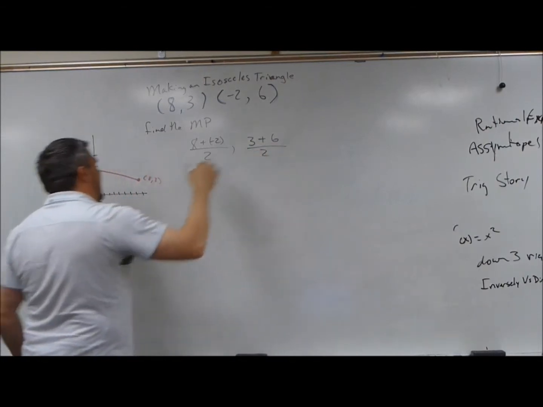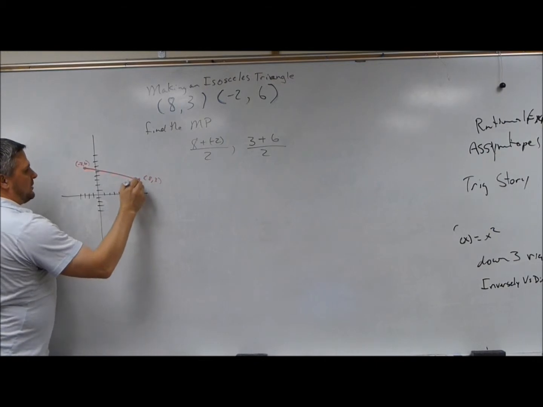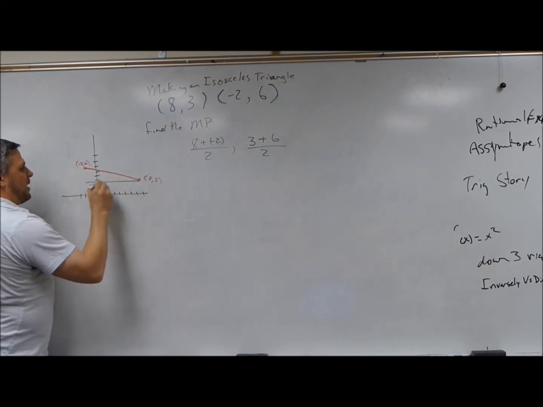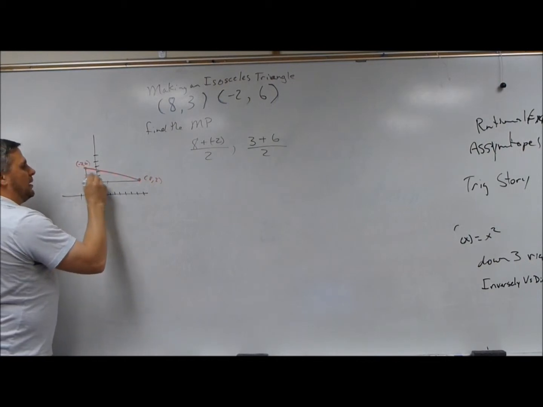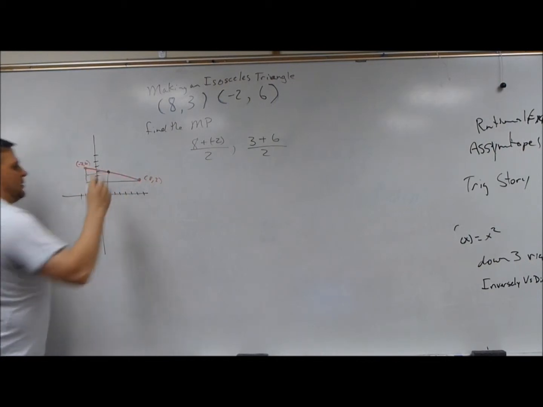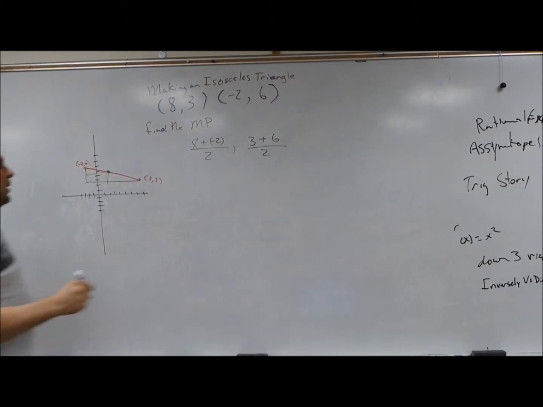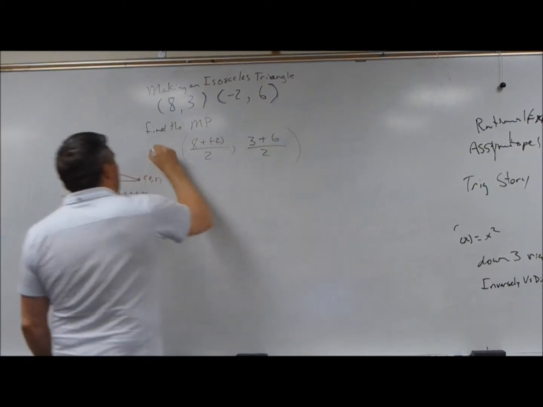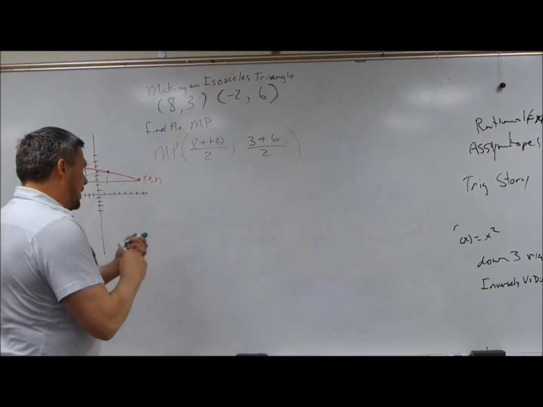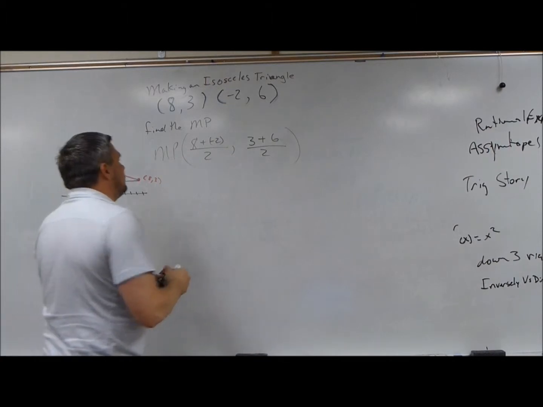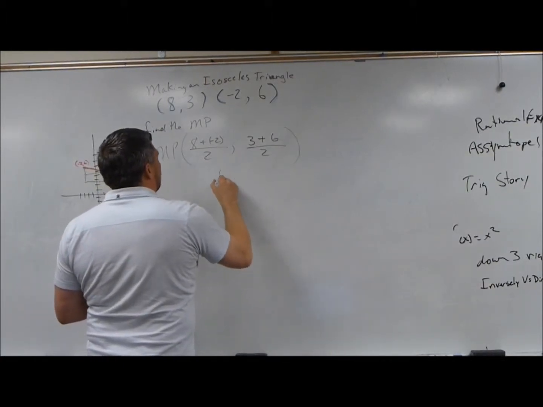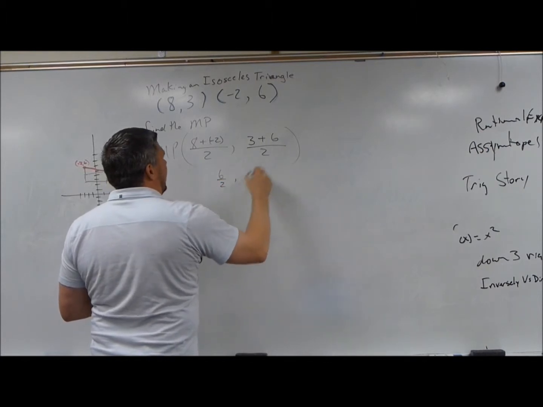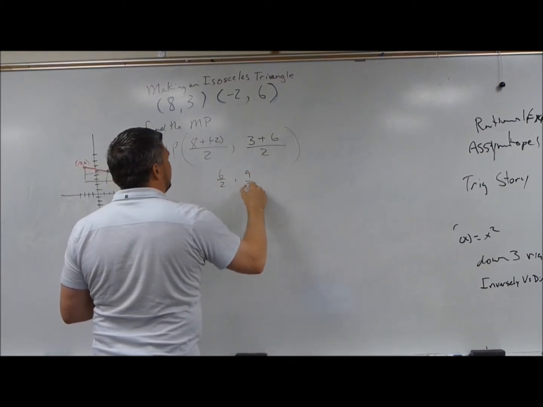By finding these averages, what I'm saying is I'm going to take halfway between here, and they're going to meet right there at the center. So that is my midpoint. Okay? So the midpoint is going to be 6 over 2 and 9 over 2.